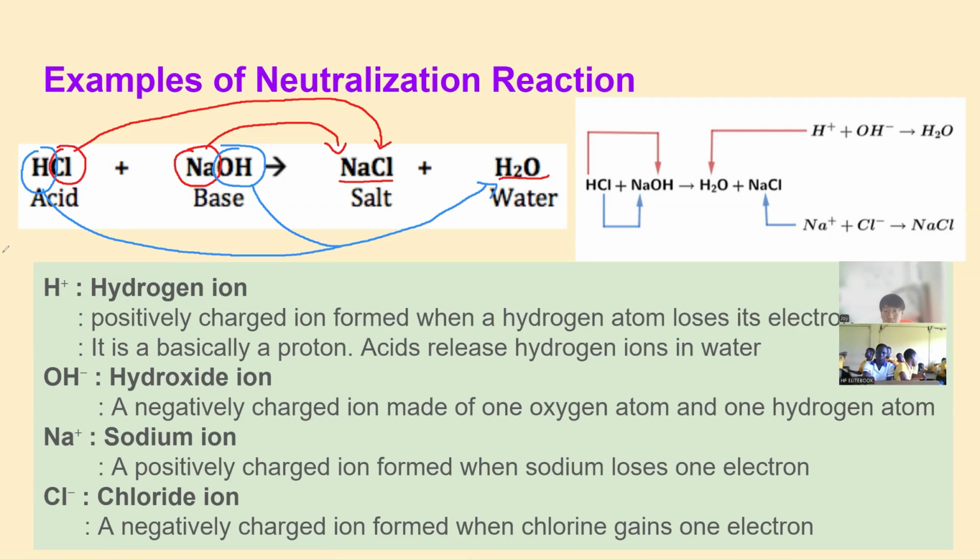I hope you can see this in action. It's the same picture on the right over here. H combines with OH, Na combines with Cl, then it forms water and salt.